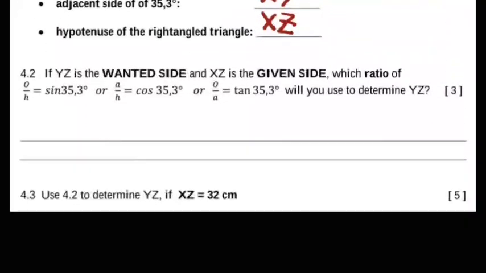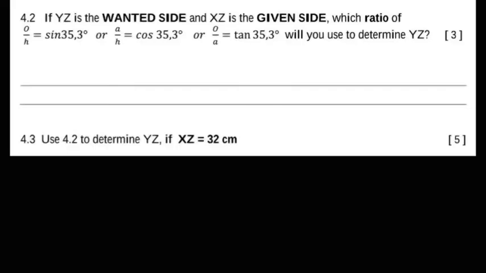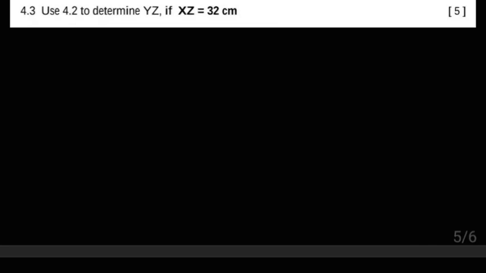Since we have opposite and hypotenuse, it is sine. So the ratio that we have to use, writing it how they have it, would be O over H is equal to sine of 35.3 degrees.